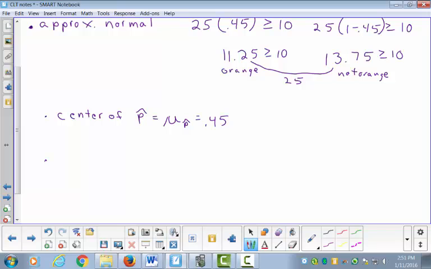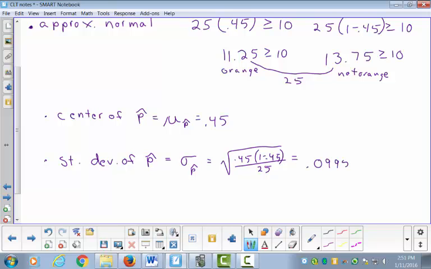And the spread, or the standard deviation, please make sure you say standard deviation somewhere, of all the p-hats, or sigma sub p-hat, that's where you do your formula, divided by n, which in this case should have been 0.0995.